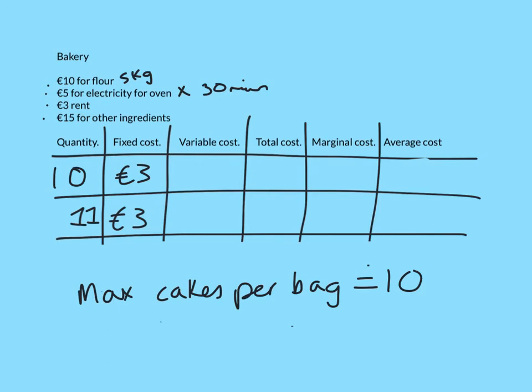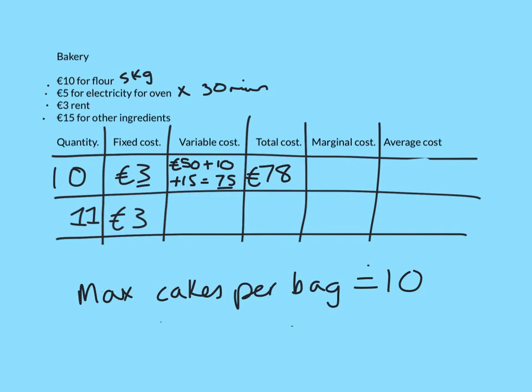So now we have €50 in electricity, so that's just 5 by 10. And then we have to add on to that the €10 bag of flour plus the 15 for ingredients, and I'm going to get 75 there. So now my total cost is €78, and that's just got by 75 plus 3.